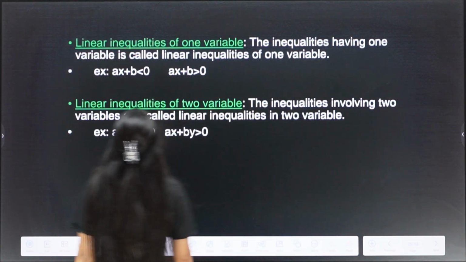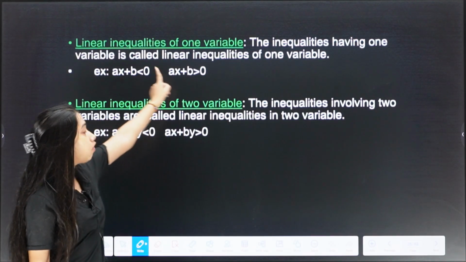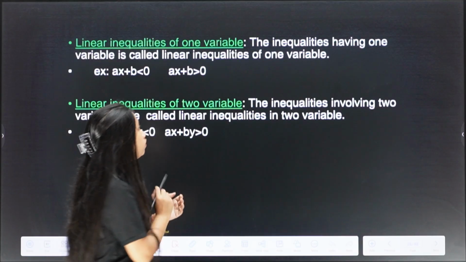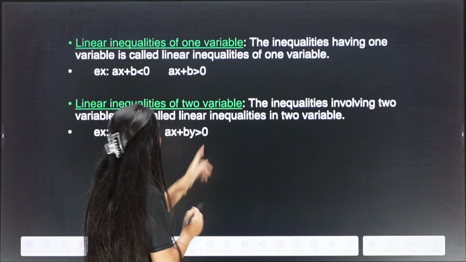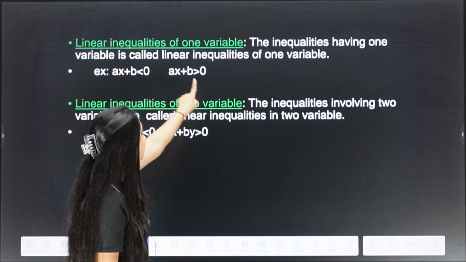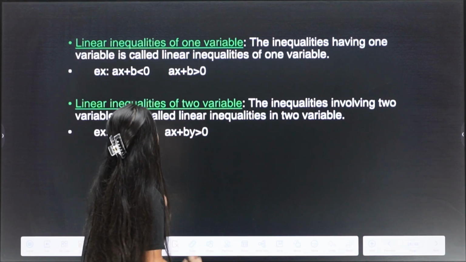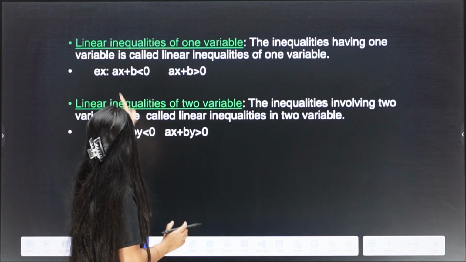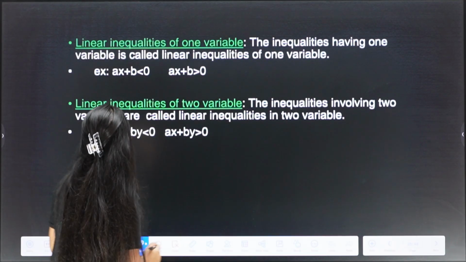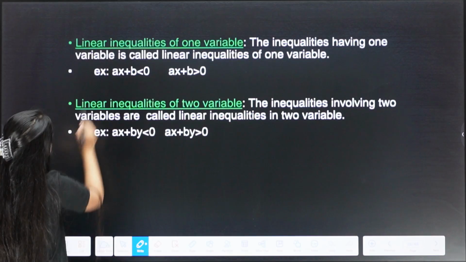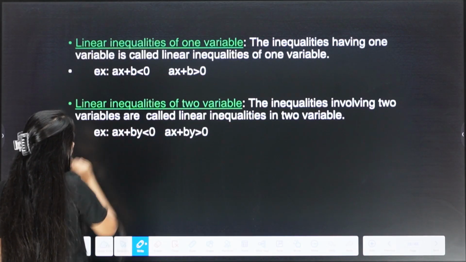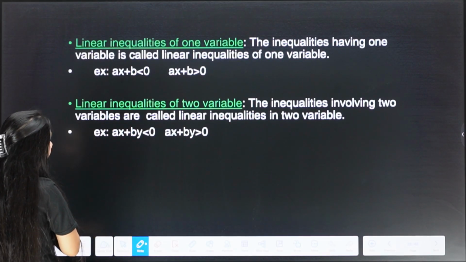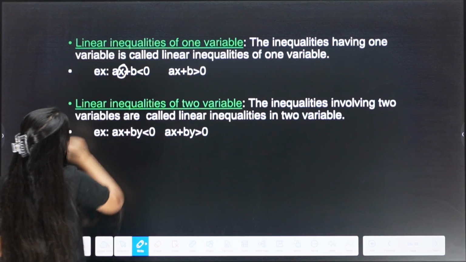Again, what are linear inequalities of one variable? The inequality having one variable is called a linear inequality of one variable. We have taken the example ax plus b less than 0, and the variable here is x.